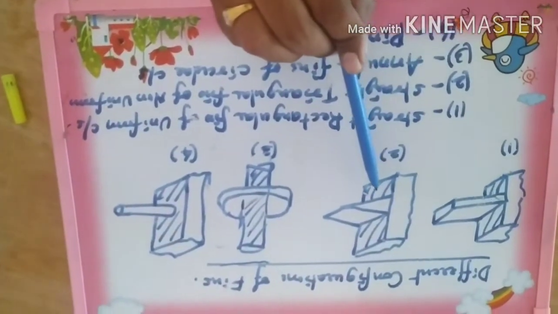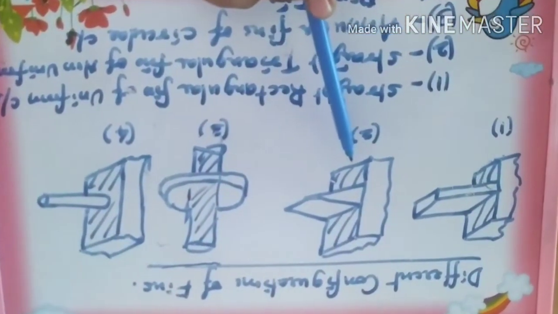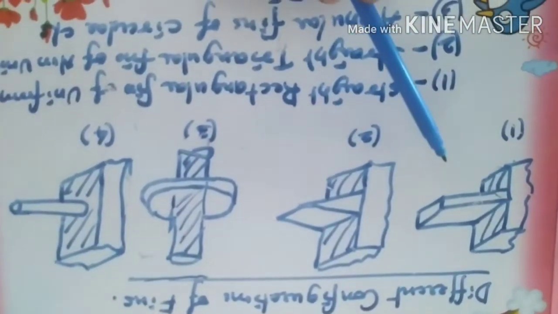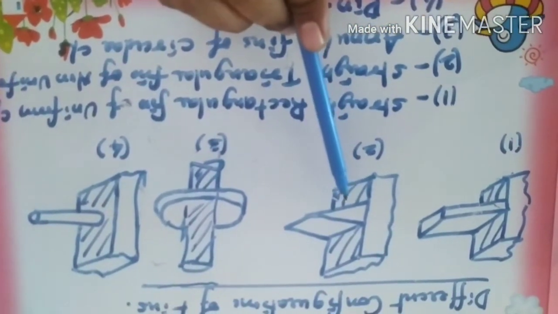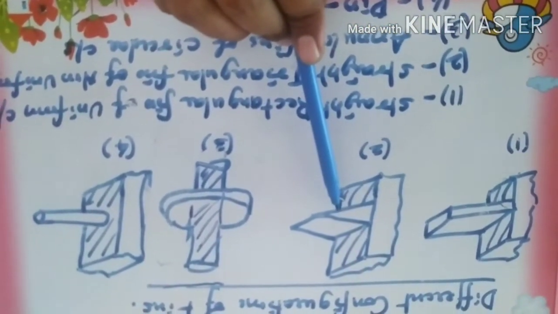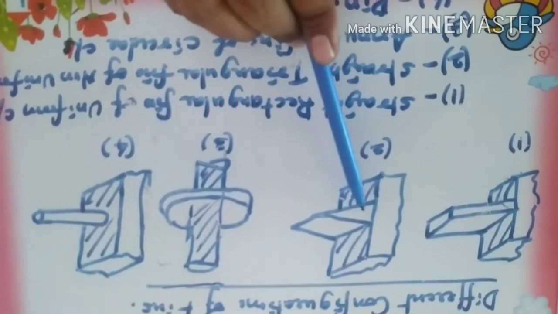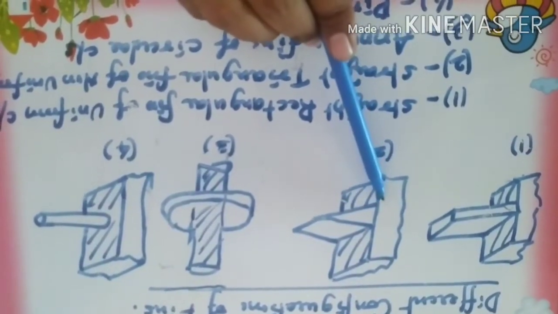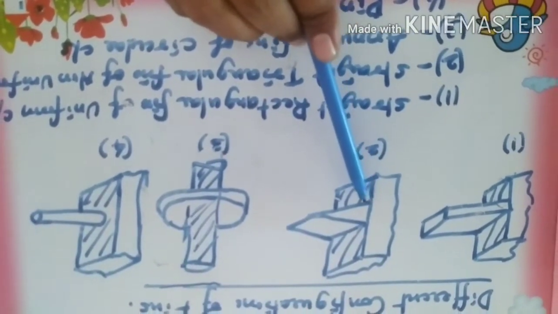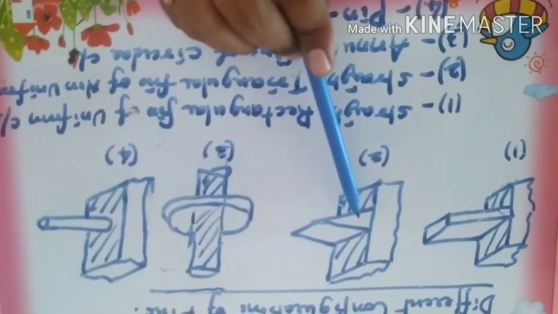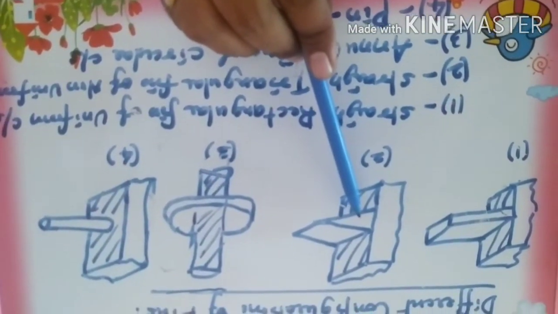Now moving on to the second configuration. Again it is a fin, an extended surface from the base surface. Here, if you notice, the area of the fin is not uniform.